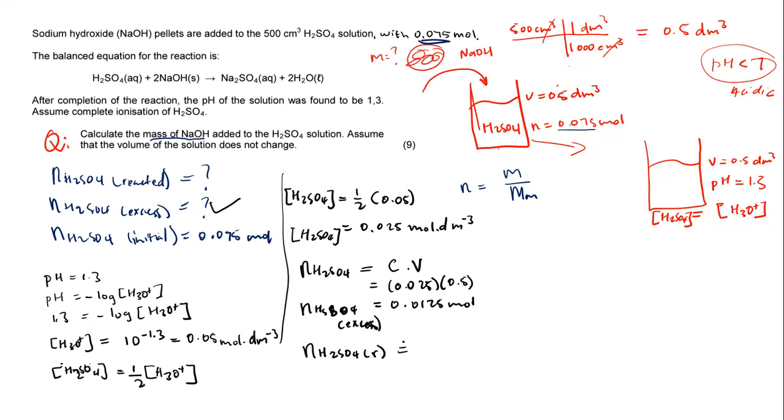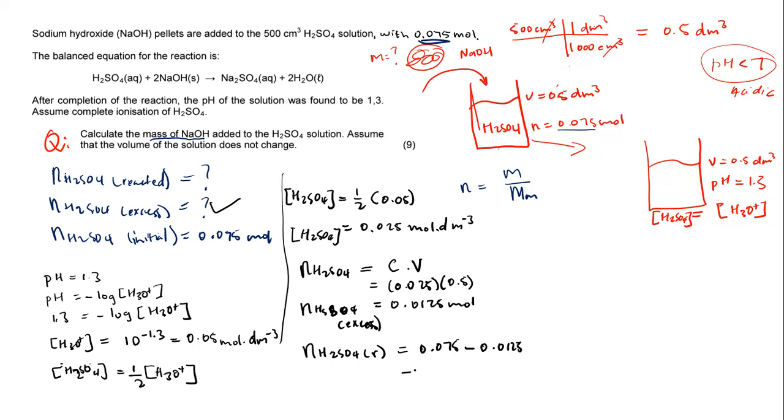It will be equal to the number of moles we started with, which is 0.075, subtract the number of moles in excess, which is 0.0125.